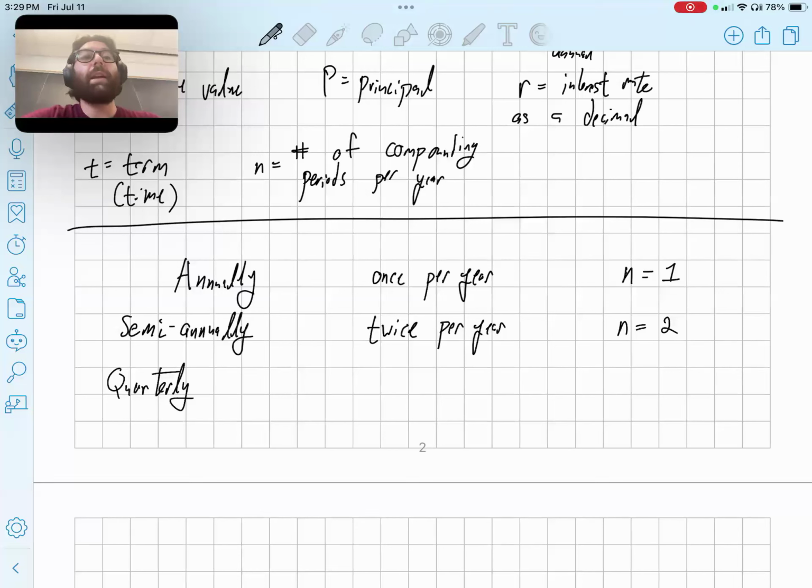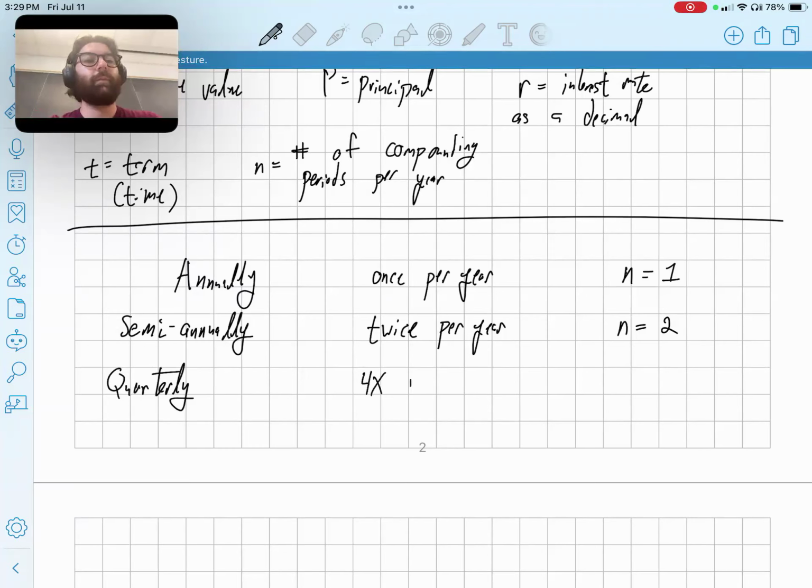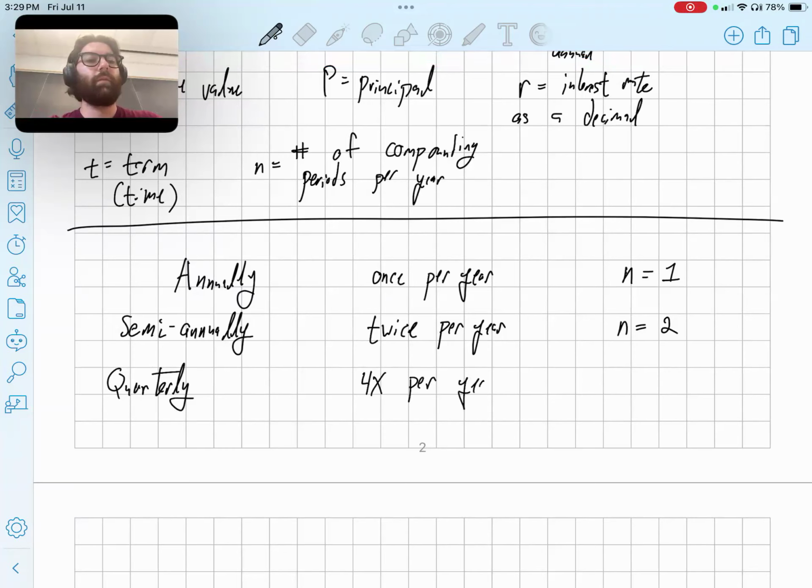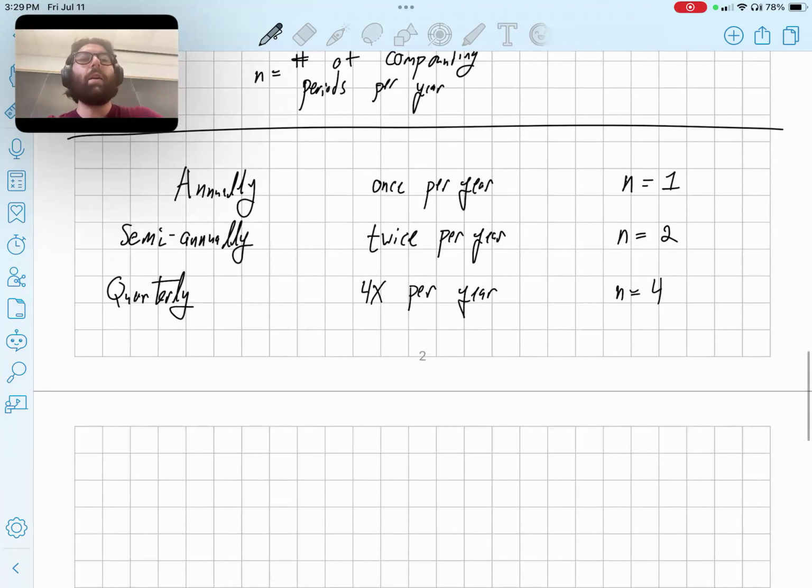That's once every 3 months. So that's 4 times per year. That's N equals 4. We could compound monthly. That's 12 times per year. That's N equals 12.